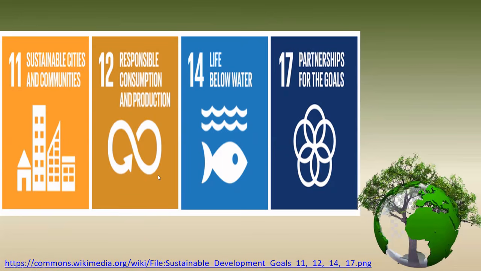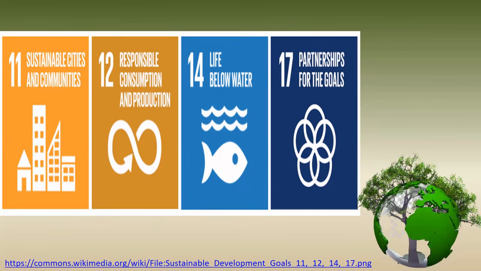Second one, responsible consumption and production. Whenever we are consuming resources and producing different kinds of goods and services, we have to think about sustainable development. Next is life below water. Whenever we are thinking of development, we should bother about pollution also, whatever we are spreading all over the country in different manners, whether water pollution, land pollution, or air pollution.